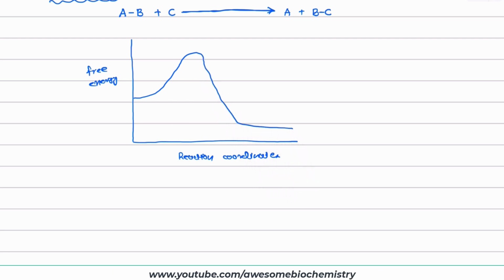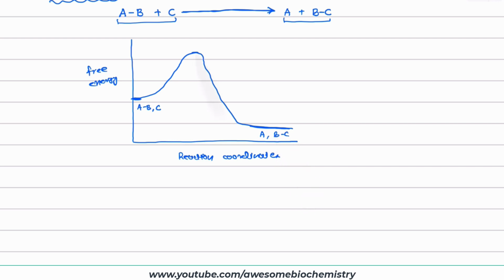right? Now what happens? Initially we have only substrate. So the free energy of the substrate is represented by this part. So this is the free energy of this diatomic molecule AB and C. Whereas the free energy of the product is represented by this line. So here this is the free energy of the products, that is A and BC molecule.